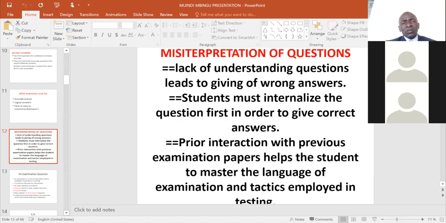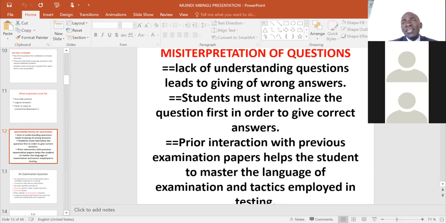Now, misinterpretation of questions is a common problem with candidates. This happens due to lack of understanding of the questions, which leads to giving of wrong answers. It is therefore important for you to internalize the question first before you can formulate an answer and write it.